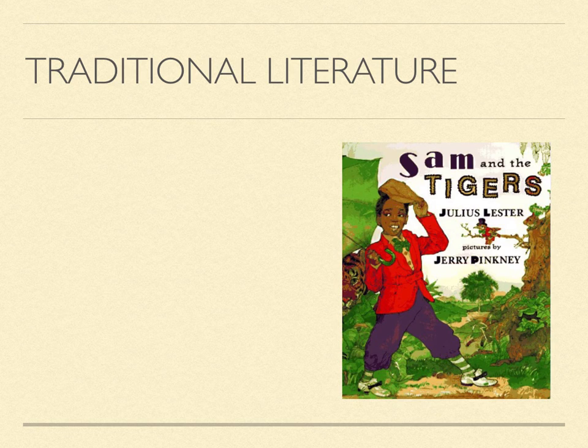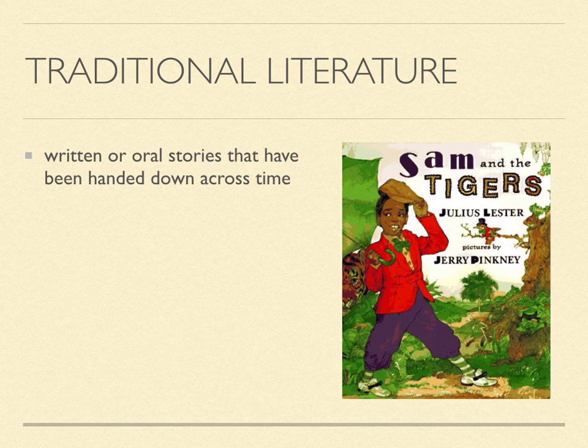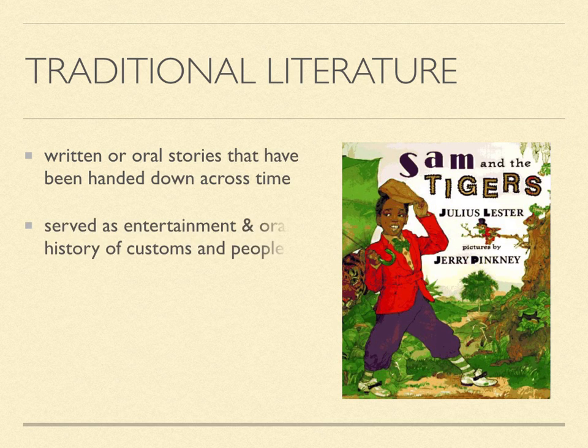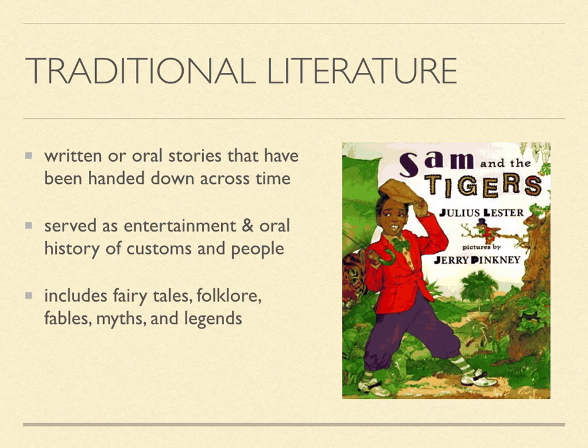We also have traditional literature. So traditional literature is written or oral stories that have been handed down across time. These stories have served as entertainment and oral history of customs and peoples. This includes fairy tales, folklore, fables, myths, and legends. And something about traditional literature is that it doesn't always have a known author.